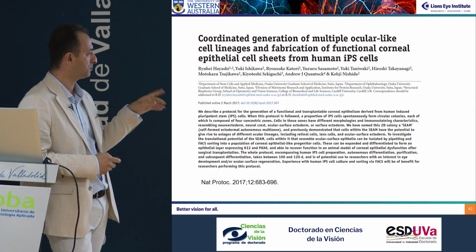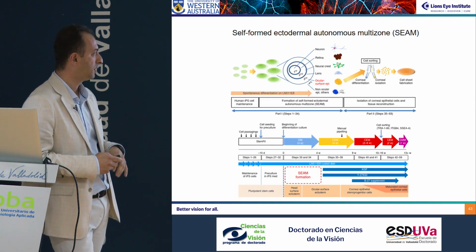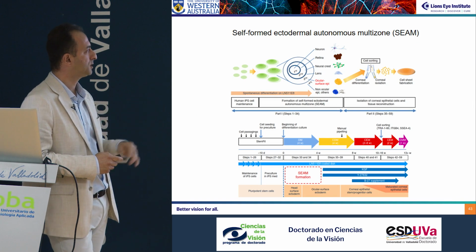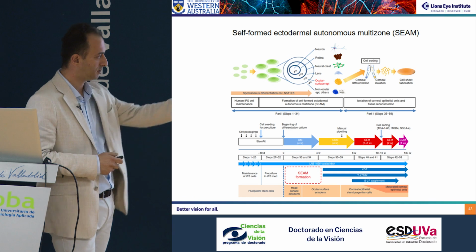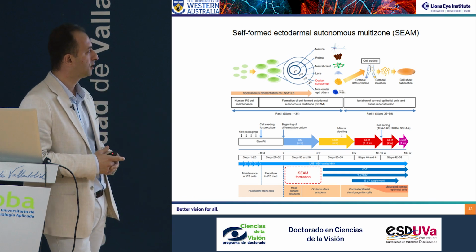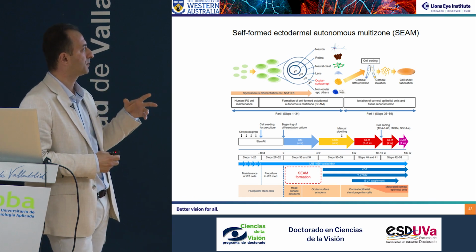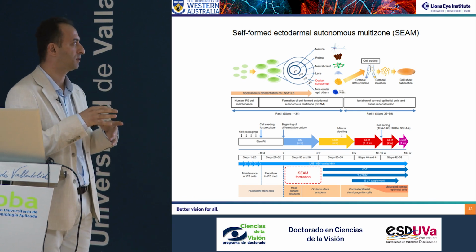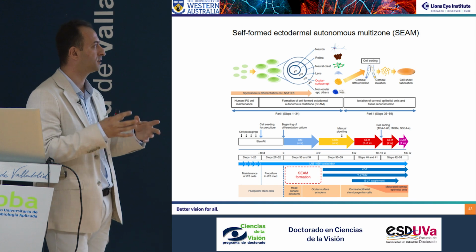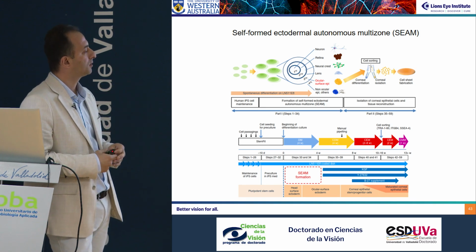Their protocol was published in 2017. I can't go into all the details, but this is a very sophisticated, long protocol. As you can see here, it takes more than 13 weeks to make these cells, and it needs a lot of methods and devices, like cell sorting.